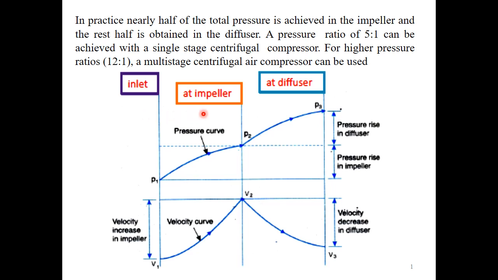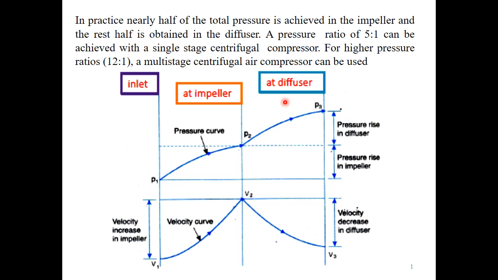Now we can see the inlet condition, the pressure is P1 and velocity is V1, and as the air passes through the impeller, we can see the pressure increases to P2 and the velocity increases to V2. The next stage is the diffuser, which surrounds the impeller.